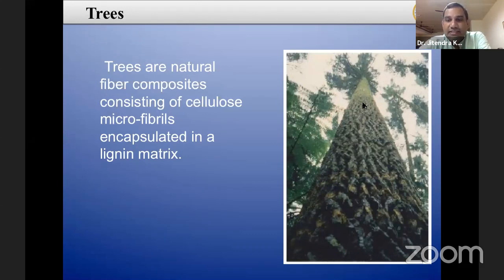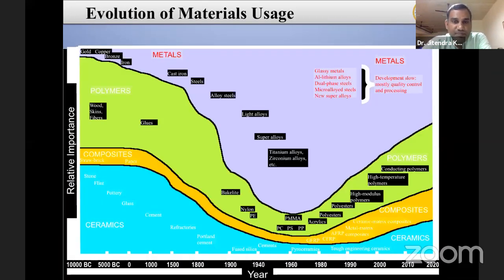When you cut the tree, you can find the cellulose, which is encapsulated in the lignin matrix. So in composite material, as in further slides, there are two basic components, matrix and reinforcement, and both components are very important.